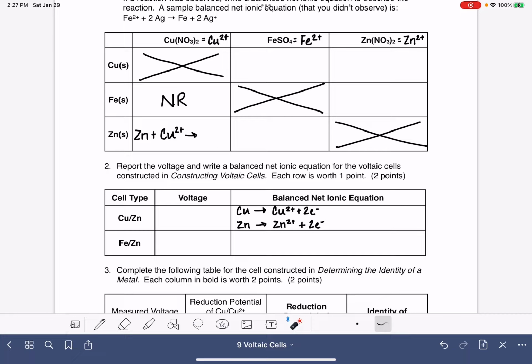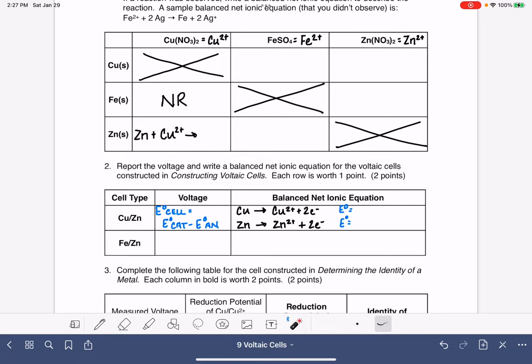So your challenge is to figure out with these 2 half reactions which one is the oxidation and which one is the reduction. You're going to do that by looking up the voltage for each of these half reactions in a data table. So you'll just consult a normal data table of reduction reactions, and you'll look up the voltages for each of those, and then you're going to remember that the voltage that you measured, that's your E cell, and E cell comes from the cathode minus the anode.